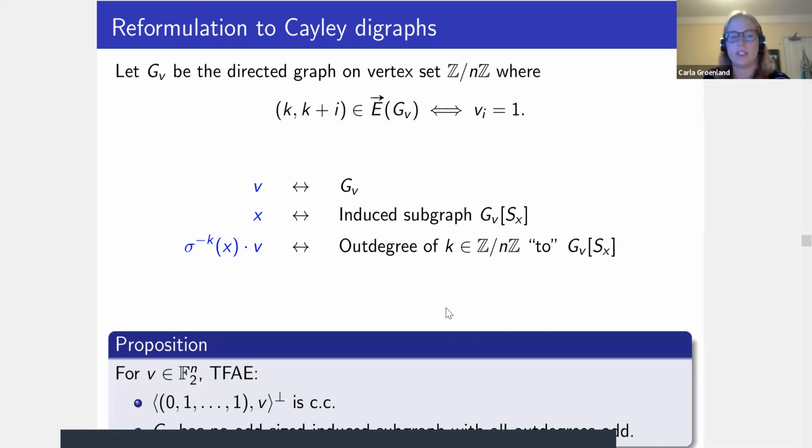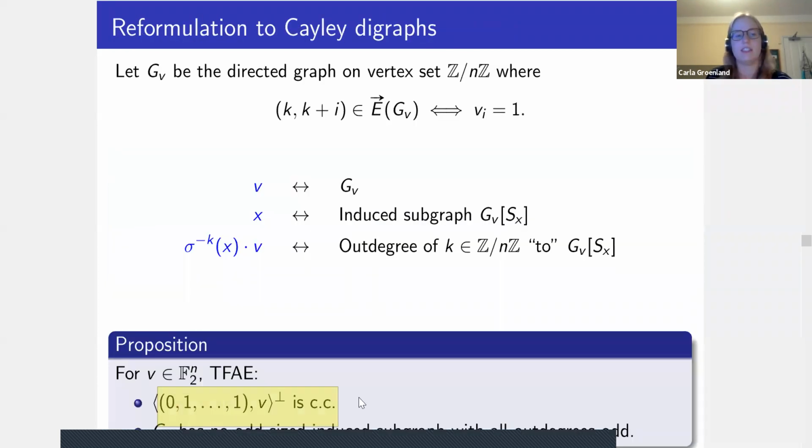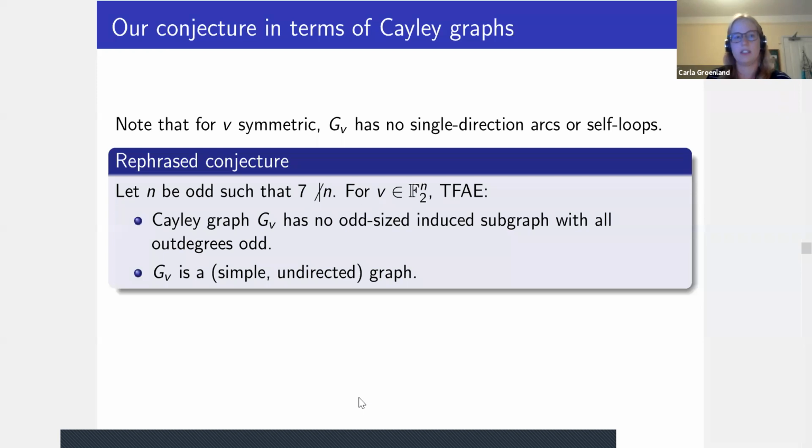So we can show this equivalence. And so instead of trying to prove that it's not cyclically covering for non-symmetric v, we can also try to find an odd-sized induced subgraph with all outdegrees odd. And now our conjecture can be rephrased as follows. The first property that we had was that this thing is cyclically covering. In this case, this becomes that the Cayley graph doesn't have an odd-sized induced subgraph with all outdegrees odd.